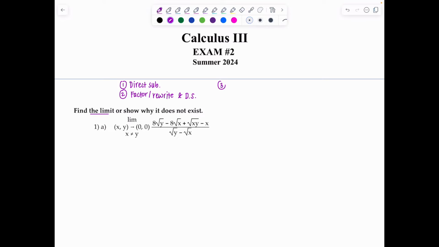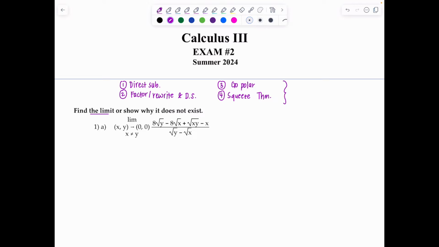Another way is you go polar and you compute it and you get some sort of constant. Or you could do the squeeze theorem. And that's pretty much the end of all the tools that we have in multivariable calculus. The only other remaining option is doing a delta epsilon proof, but I told them that wasn't going to be something they were tested on.